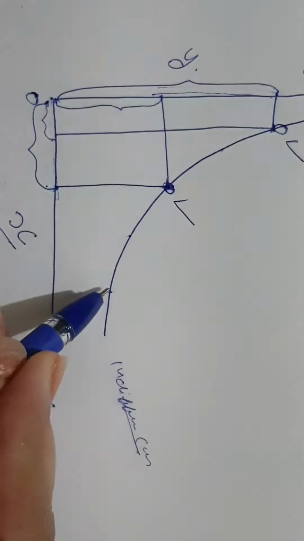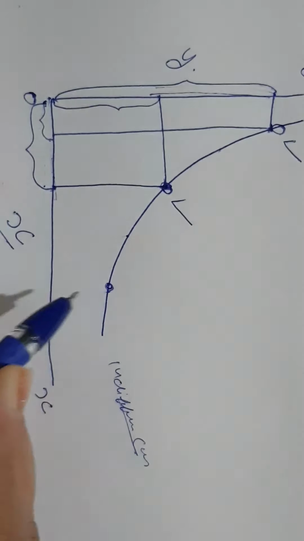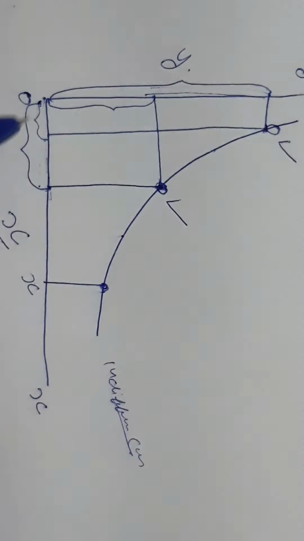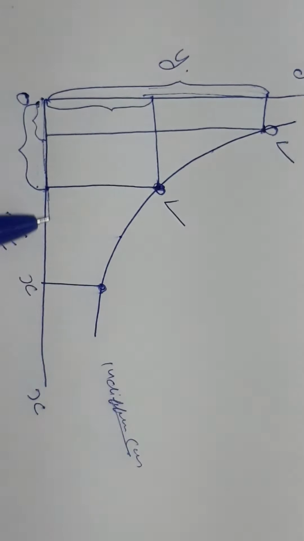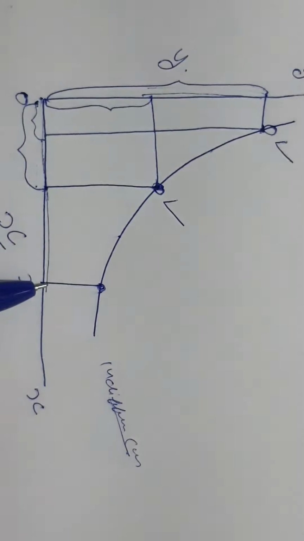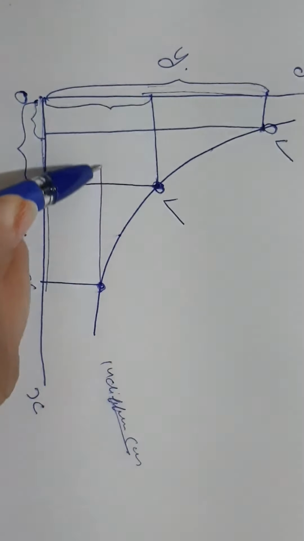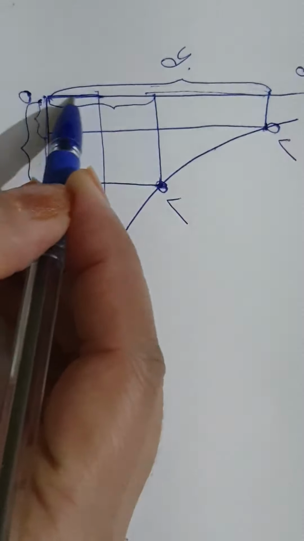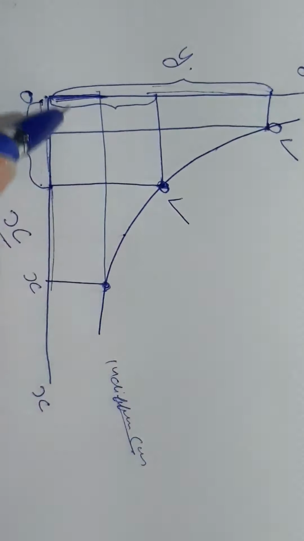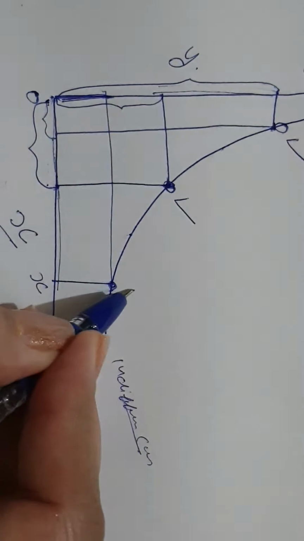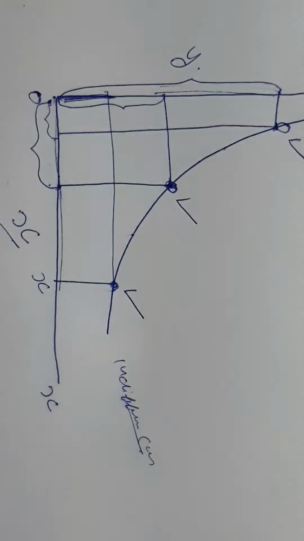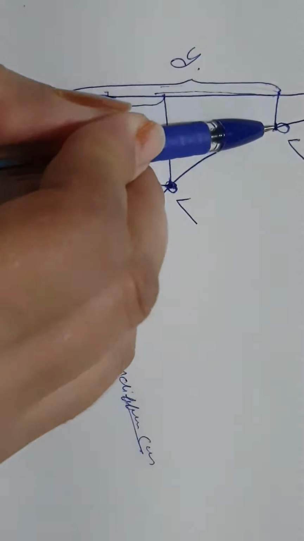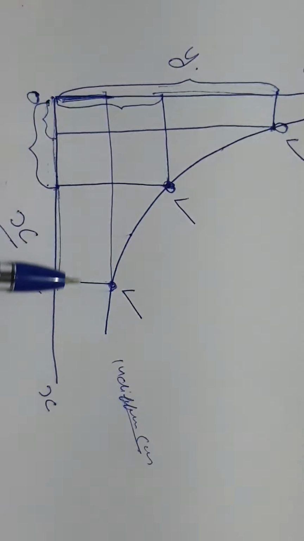Similarly, you can compare one more point over here. On this point, you are consuming this much of X and this much of Y, and again satisfaction on this point is equal to this point and also this point. So this is your indifference curve.